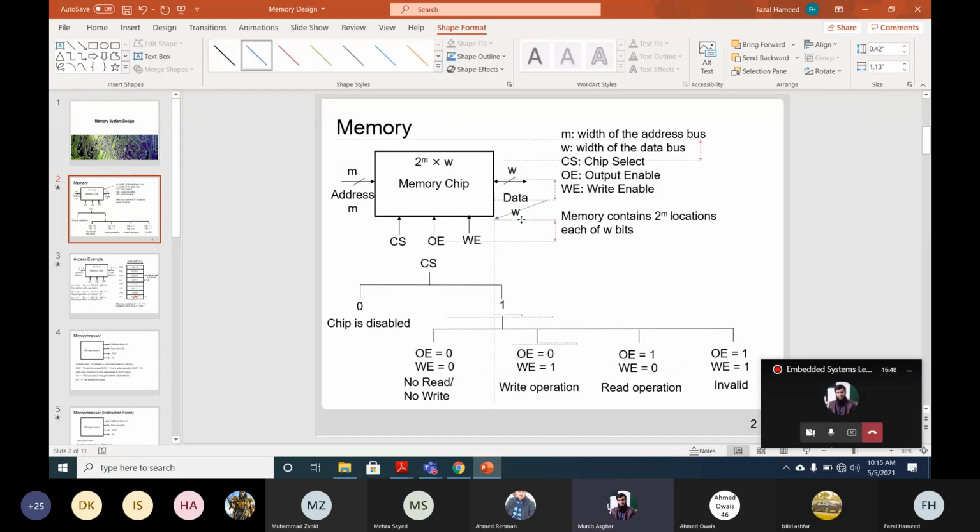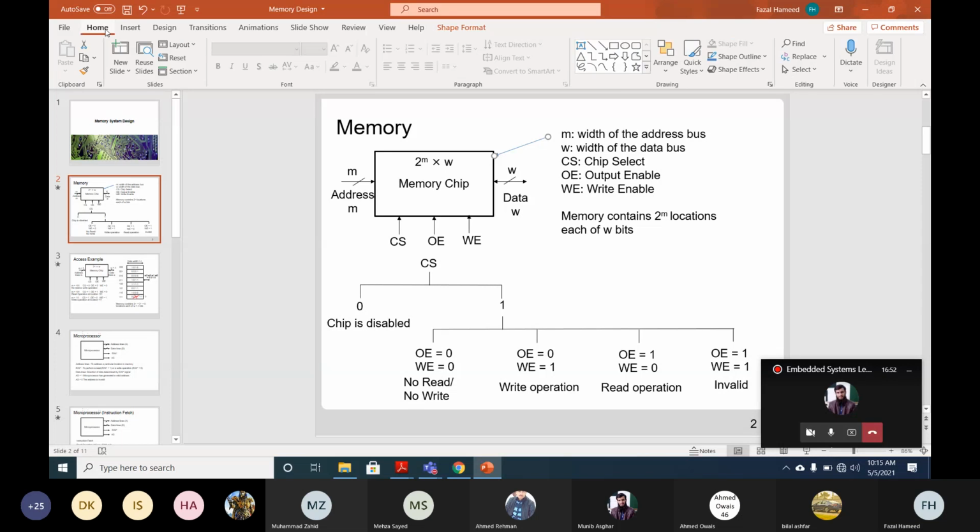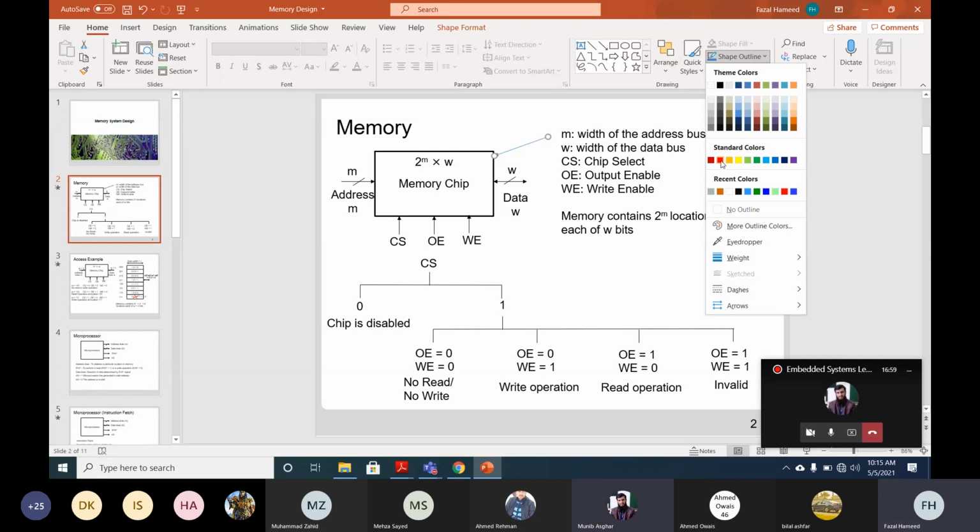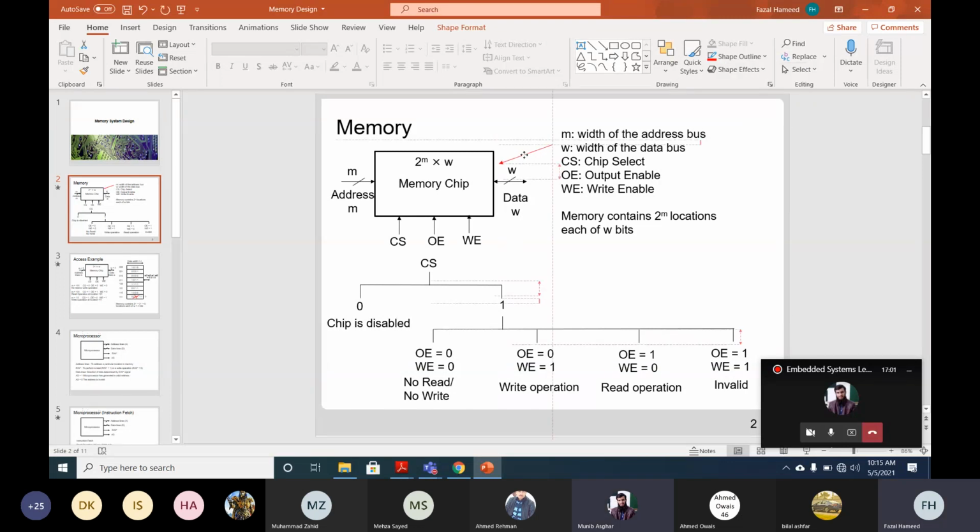Sir, inwards to the memory. Yes. Can you see the arrow? In the write operation, the direction will be inwards to the memory.